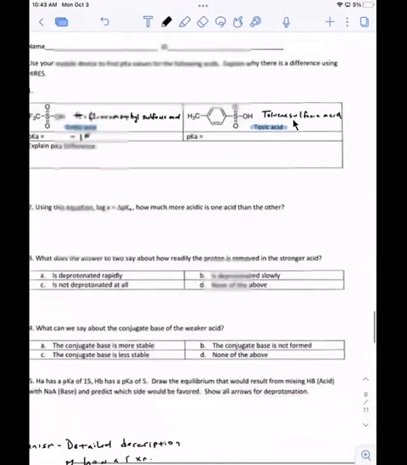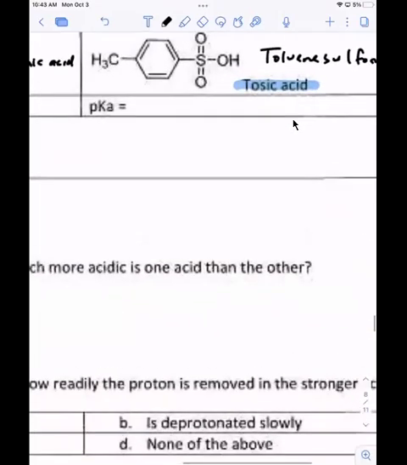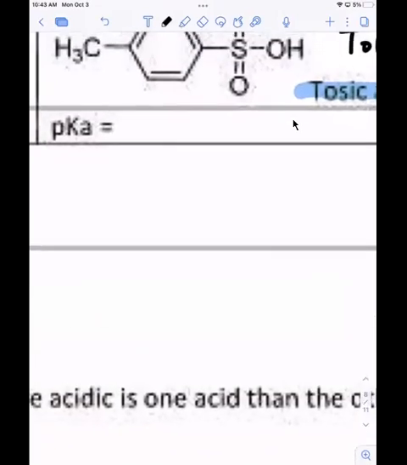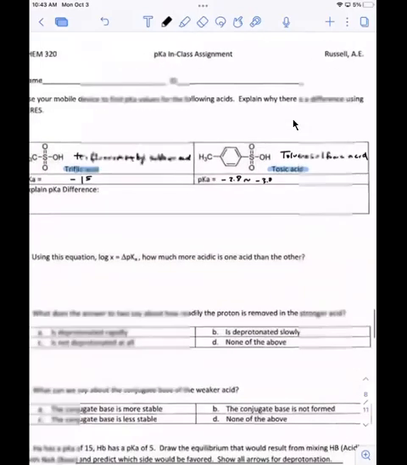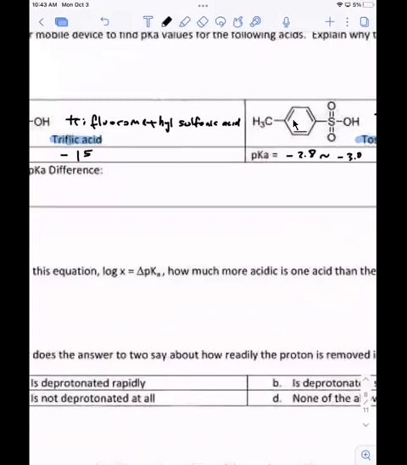All right, what about tosic acid? Negative 2.8. We're going to round that up to negative 3, since the other one is 15.